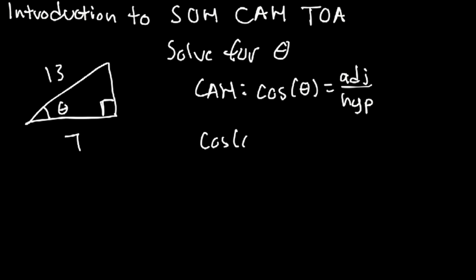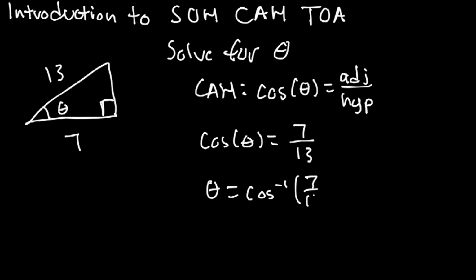So cosine theta equals 7 over 13. We take the inverse now. Theta is equal to cosine inverse of 7 over 13, which is approximately 57.42 degrees.